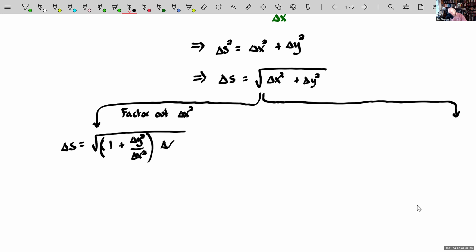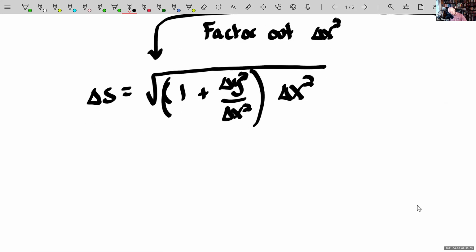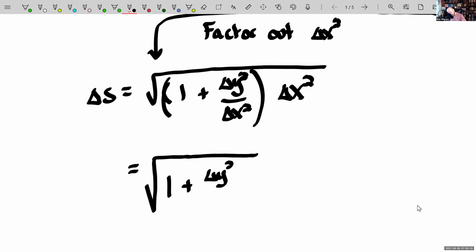We factored a delta x squared off of both those terms. That's why it's delta y squared over delta x squared. And by the way, you can take the square root of that delta x squared. So this ends up being the square root of 1 plus delta y squared over delta x squared, and then we have a delta x hanging on the outside because we took its square root.